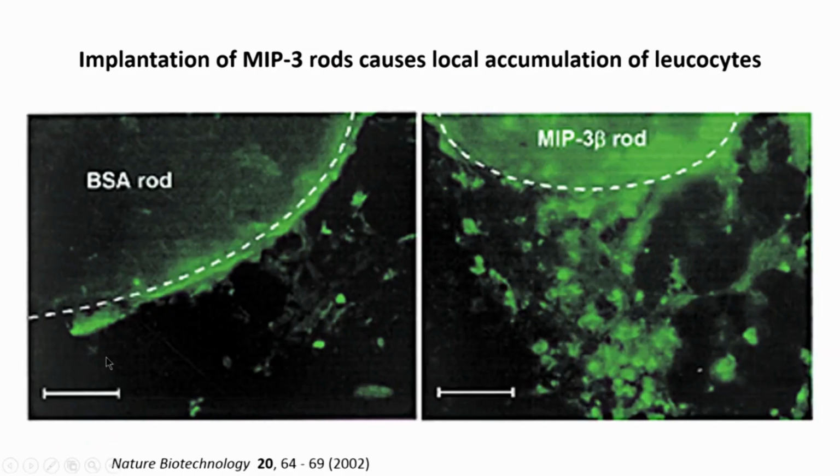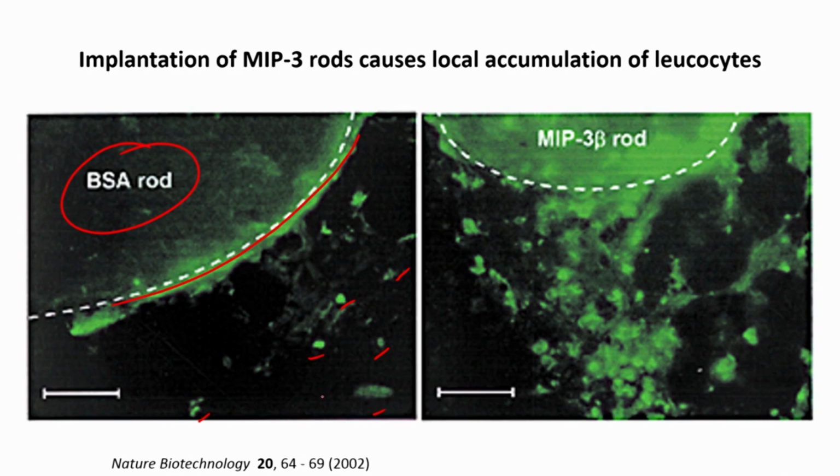So here is just some data from an animal study. If they only put a BSA rod, this is a zoomed in image, and green is your dendritic cells that are in the surrounding. You see that some dendritic cells have come in and started interacting with the surface.